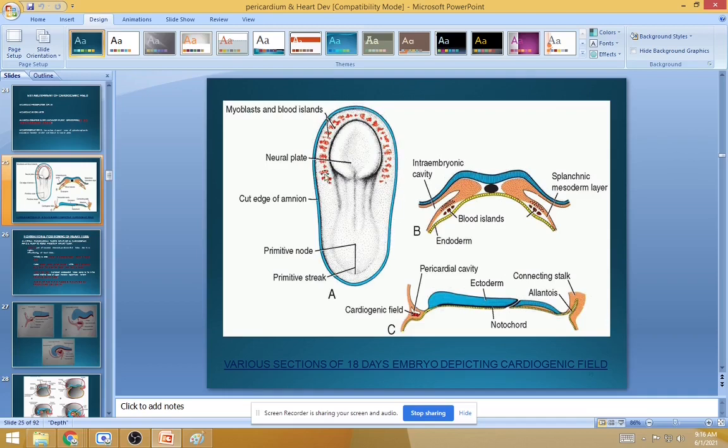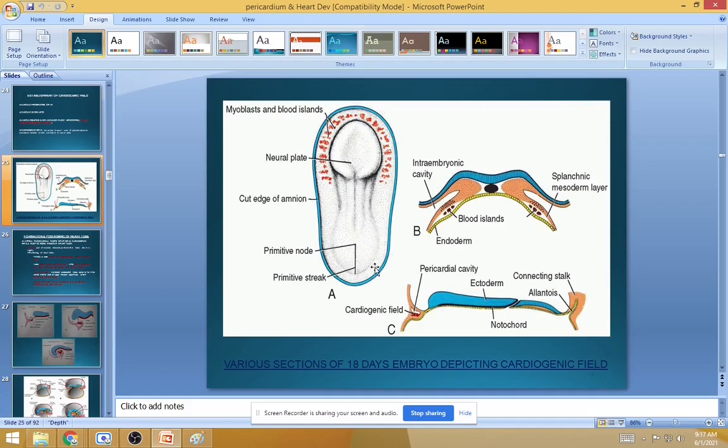Now what happens? From the epiblast itself, the three different germ layers are formed. Through the primitive streak, some of the cells will go down and form the endoblast. In between them, whatever remains will form the mesoderm, and whatever remains will form the ectoderm.